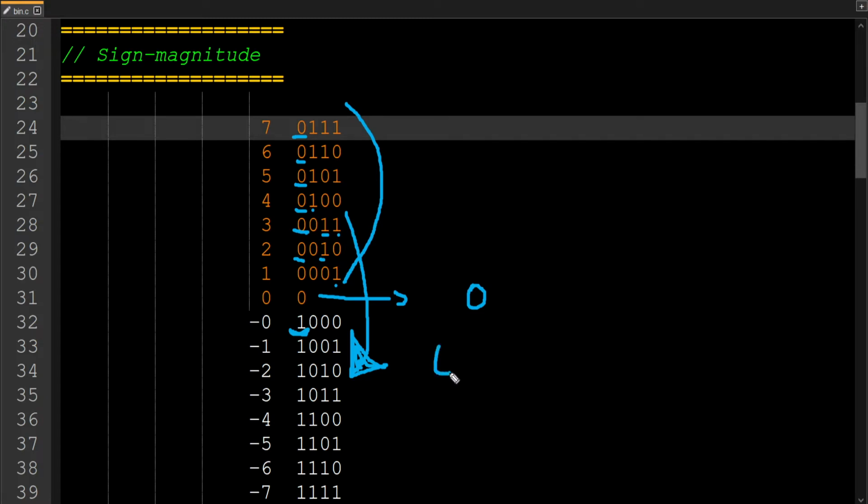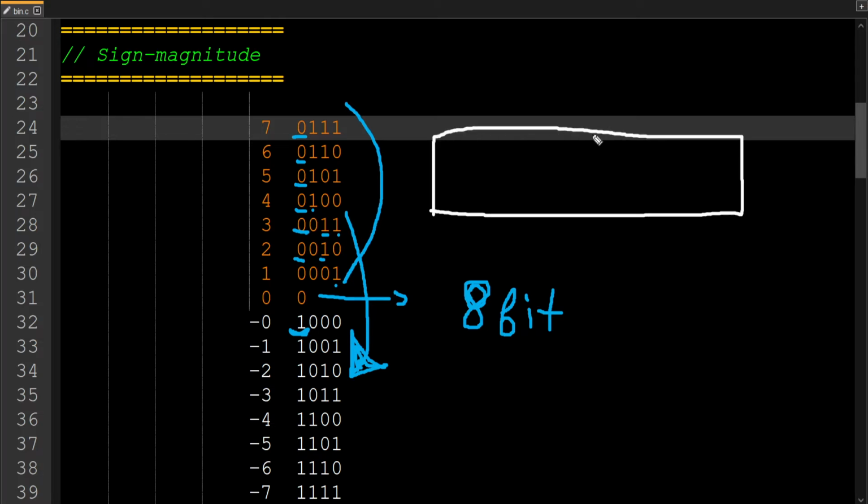For example, if we want to write some bigger number, we use 8 bits and we want to write a very big number. So we create our box here with 8 placeholders, and we want to have a negative number.